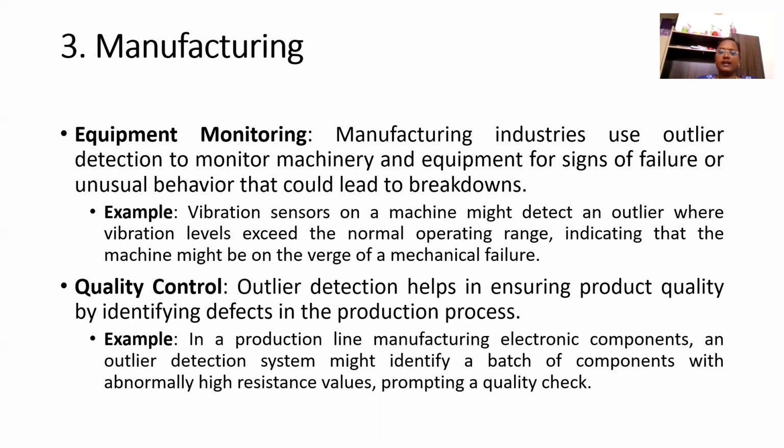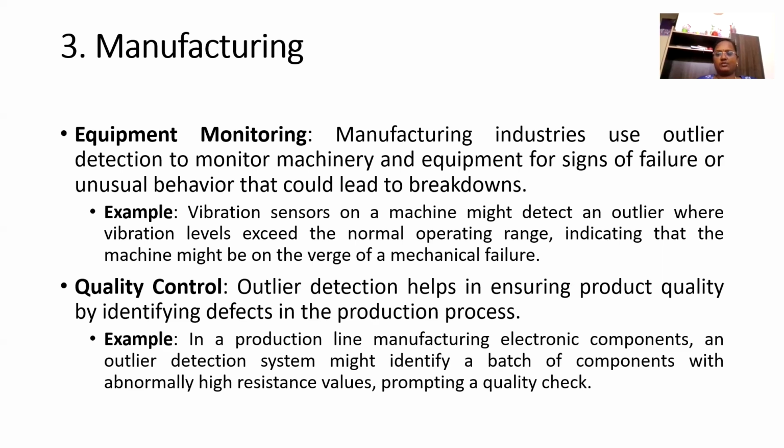And manufacturing, equipment monitoring. Manufacturing industries use outlier detection to monitor machinery and equipment for signs of failure or unusual behavior that could lead to breakdown. For example, vibration sensors on a machine might detect an outlier where the vibration level exceeds the normal operating range, which indicates that the machine needs attention.